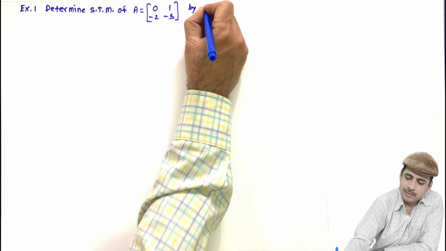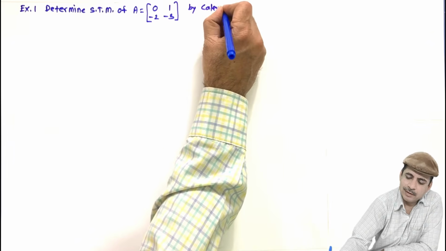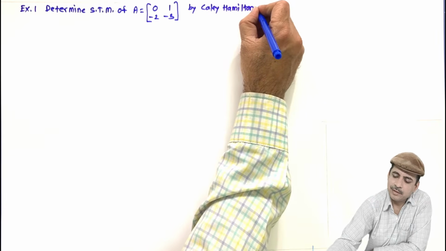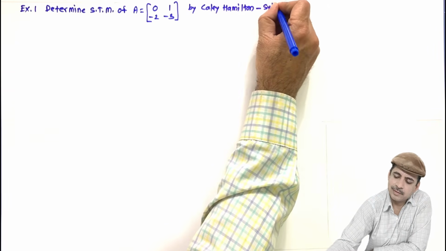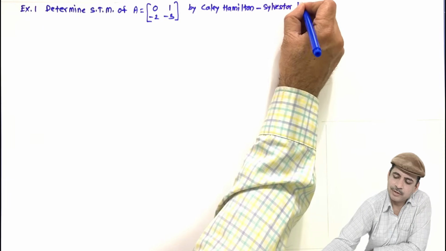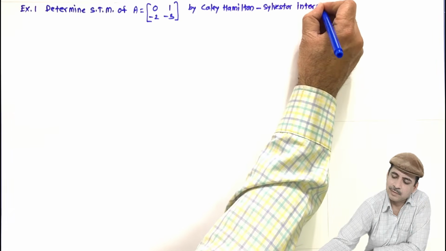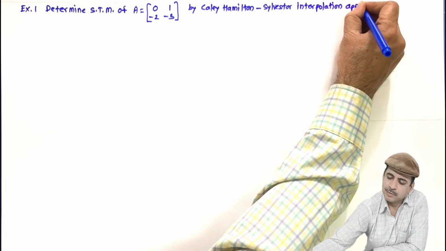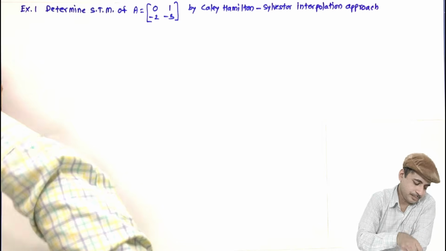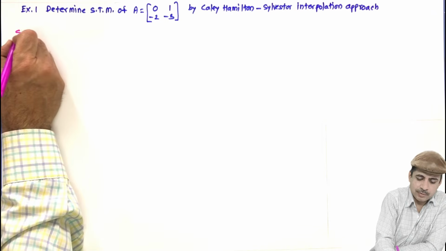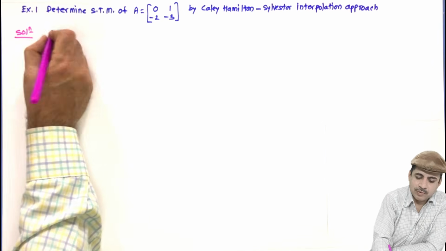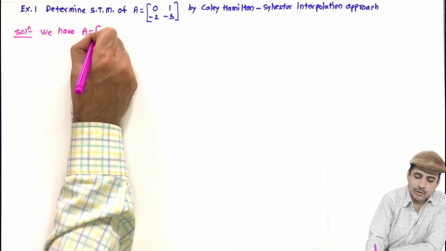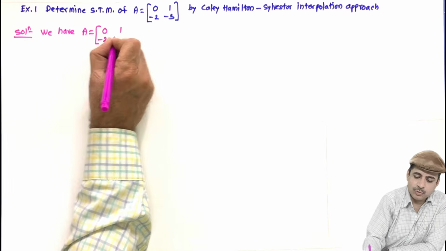By the Cayley Hamilton Sylvester interpolation approach. Solution. So first step, we have A is equal to 0 1 minus 2 minus 3.